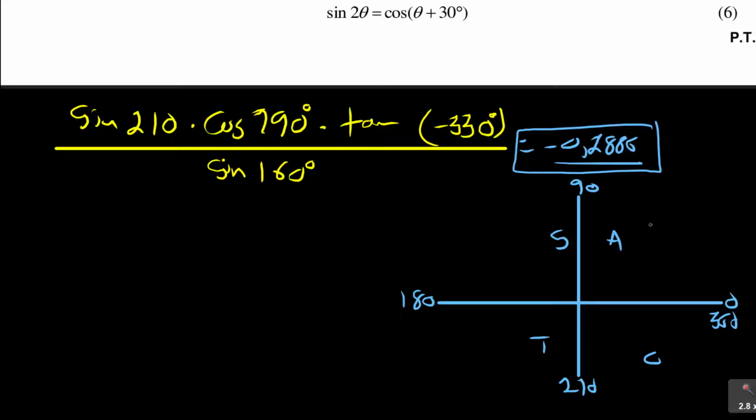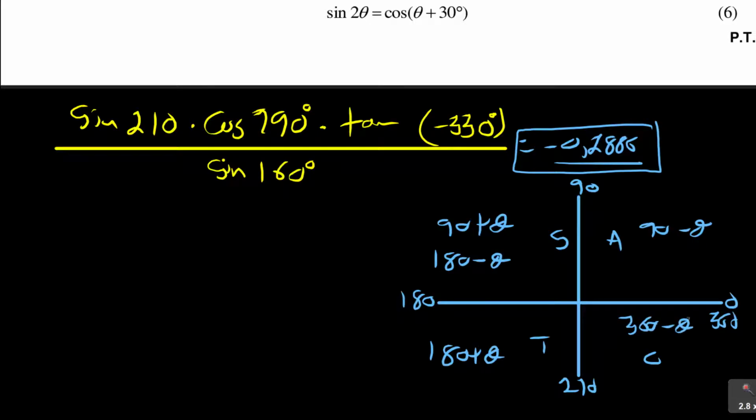And here is 90 minus theta, 90 plus theta, or 180 minus theta, 180 plus theta, 360 minus theta. Very important information. Quick one, we are done.